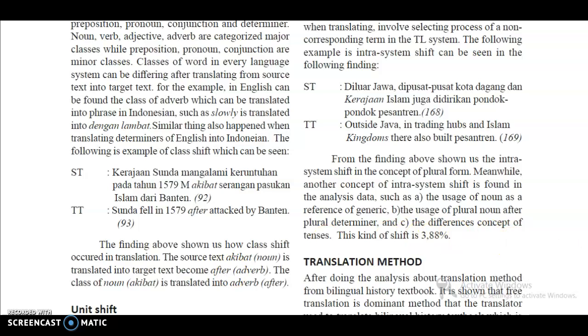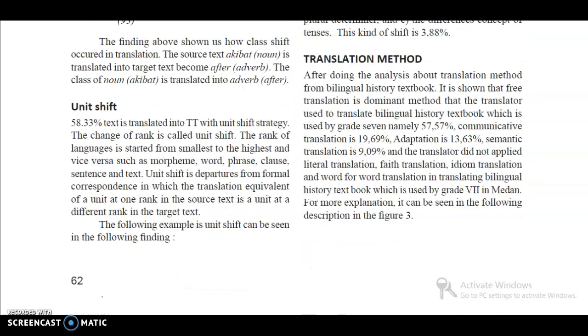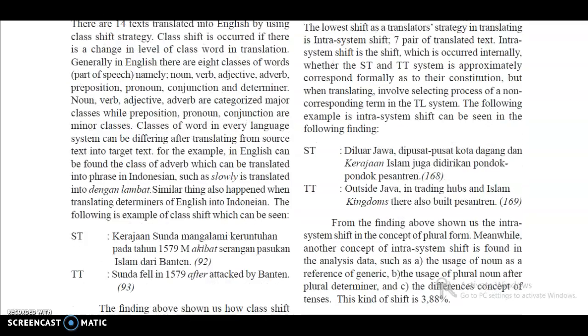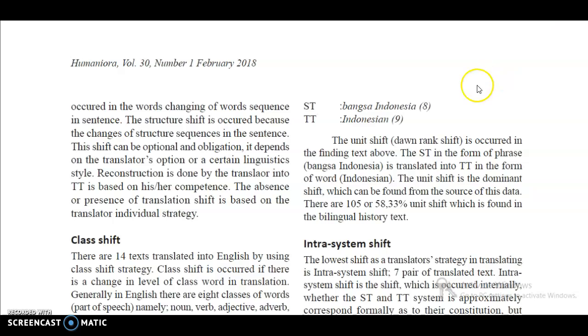Now we continue to the next example, unit shift. You have already known the definition of unit shift. Now we continue to the example. Let's see, bangsa Indonesia in the source text, and in the target text it is translated into Indonesian. We can see here the unit shift, or down rank shift, occurs in the finding above.